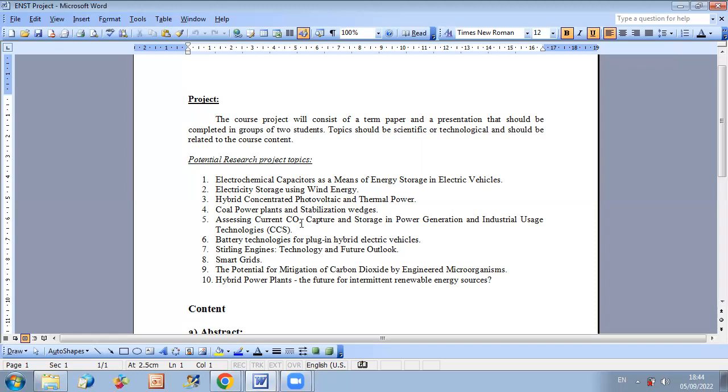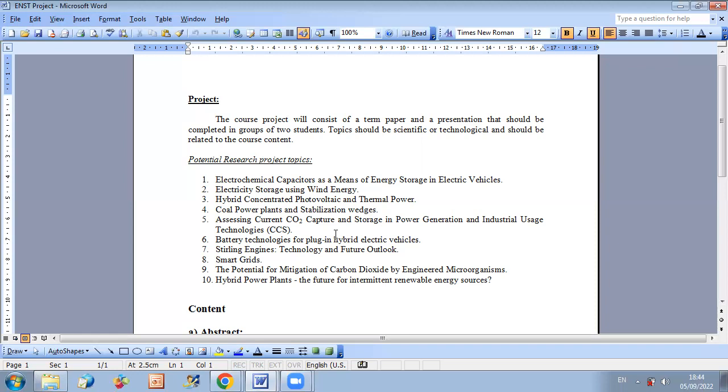Another possibility is hybrid power plants. Whenever we talk about hybrid power plants, you have a lot of ideas that you can base on, because whenever we say hybrid, we are connecting two different technologies. So sometimes you can connect, for example, a steam turbine to another engine.